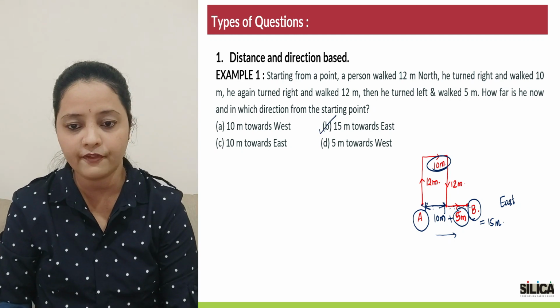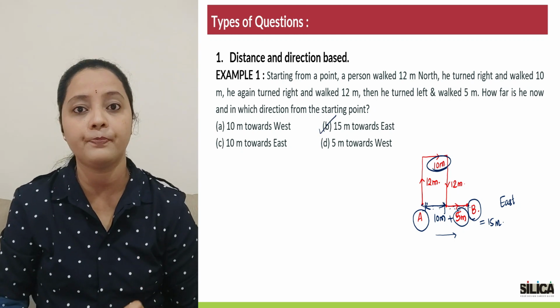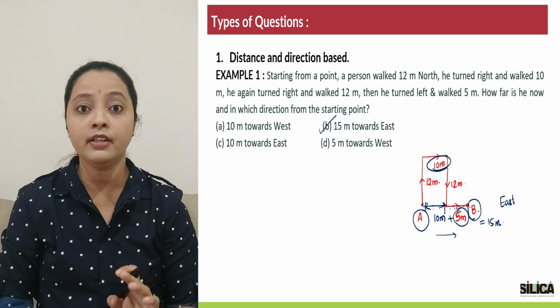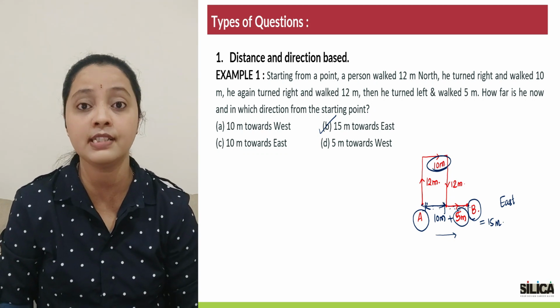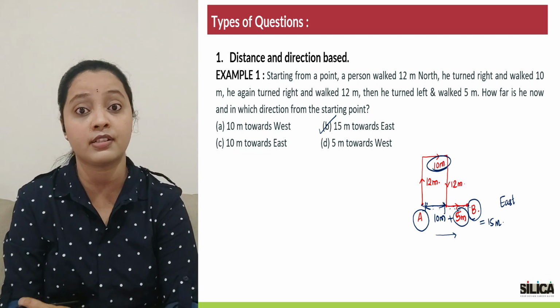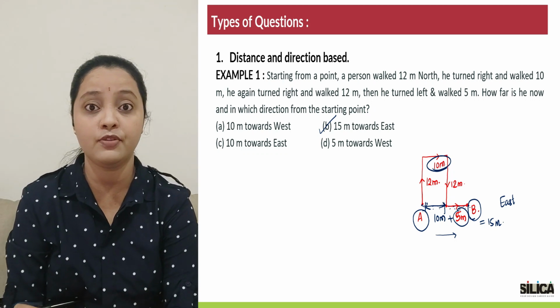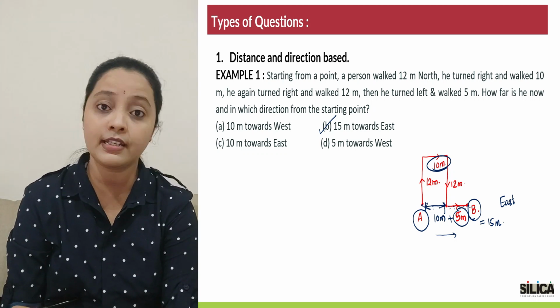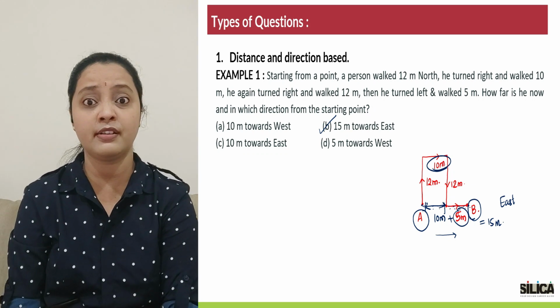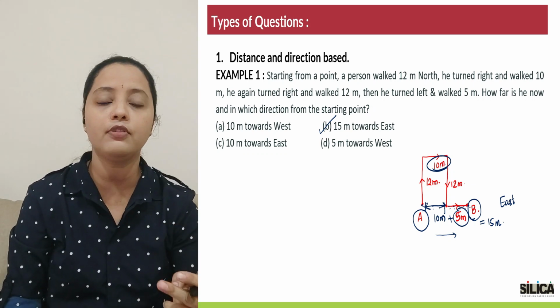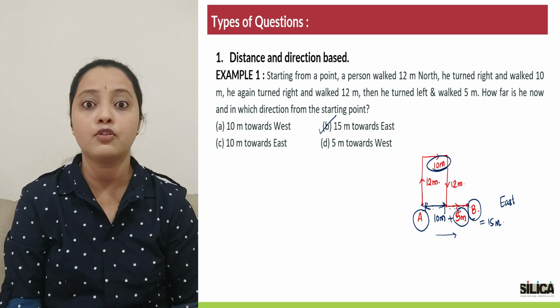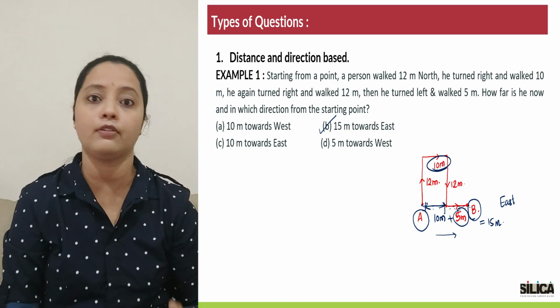So your answer is 15 meters towards east. Idea clear, everybody? One different thing that you see over here is there is no necessity of Pythagoras theorem to calculate the distance. That means, will every question in the exam also not need Pythagoras theorem? Not necessary. It is subject to the story and the diagram that you are drawing. So be careful while reading and plotting.